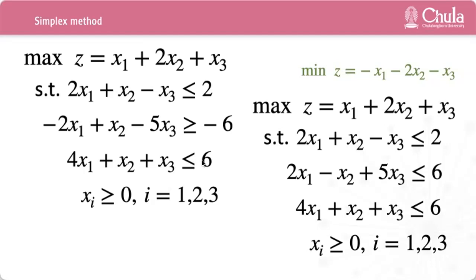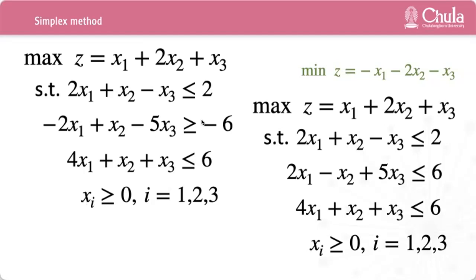And all xi, that means x1, x2, x3, are non-negative. So no problem on the xi, right? All the decision variables are non-negative.